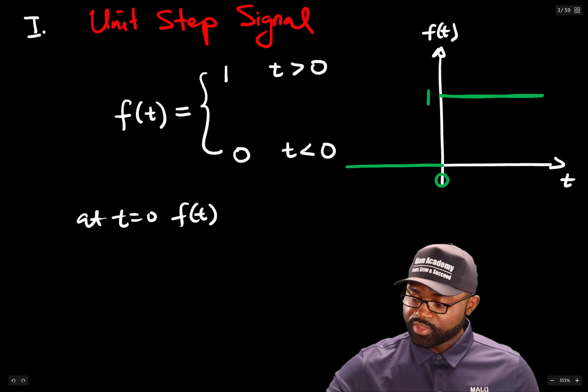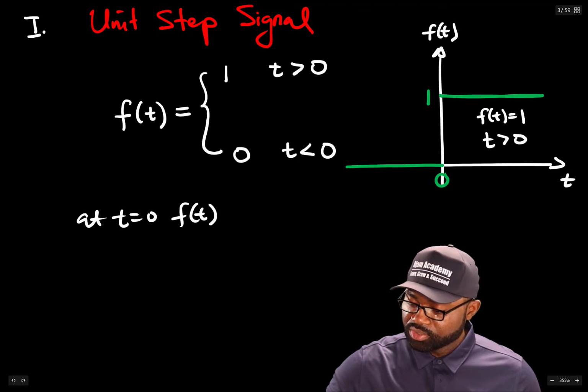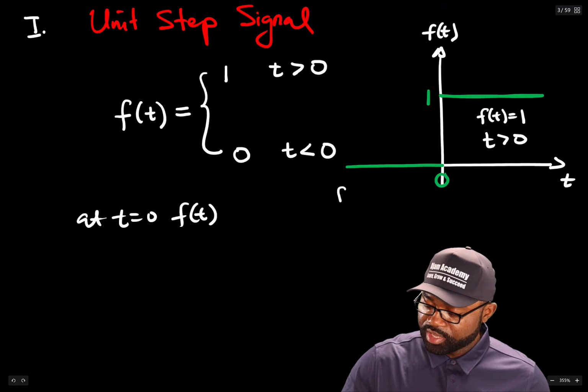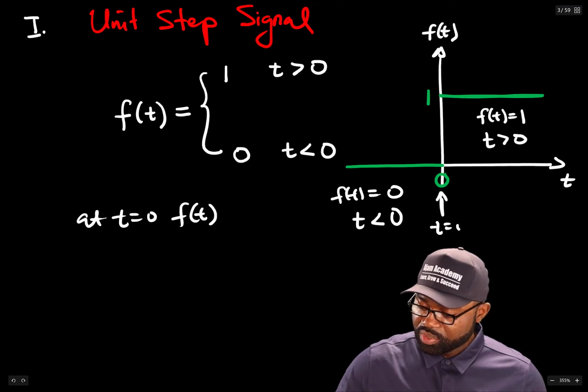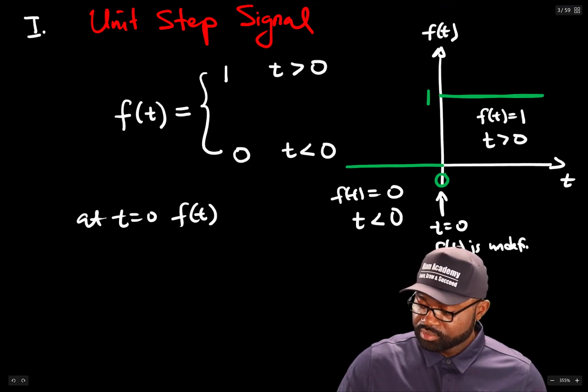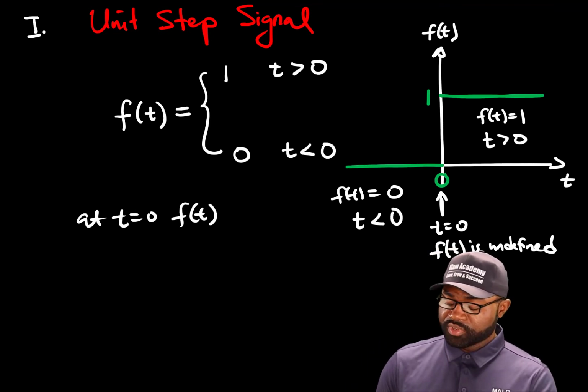So you realize that f of t is equal to 1 as long as t is greater than 0, and f of t is equal to 0 when t is less than 0. But at t equal to 0, f of t is undefined.